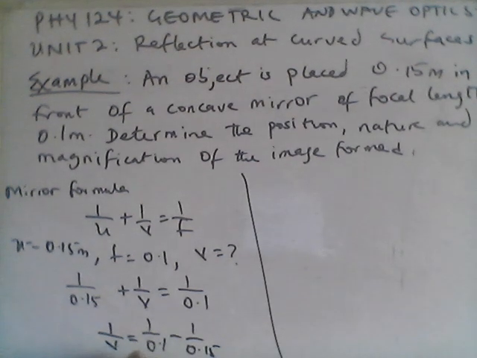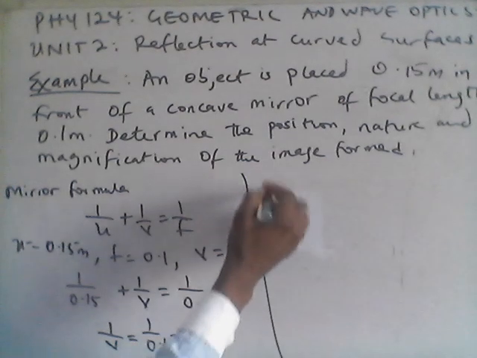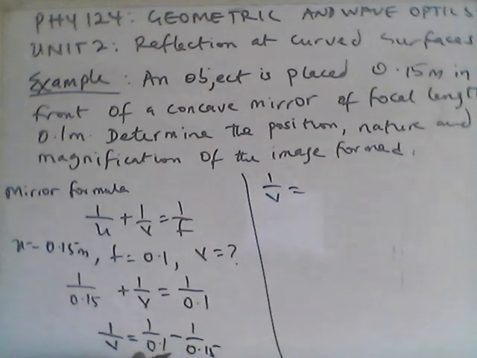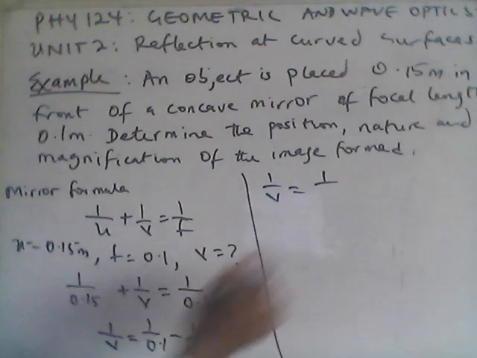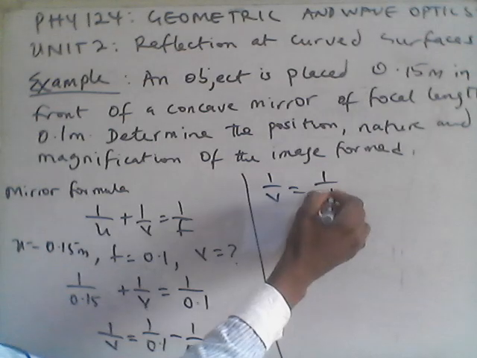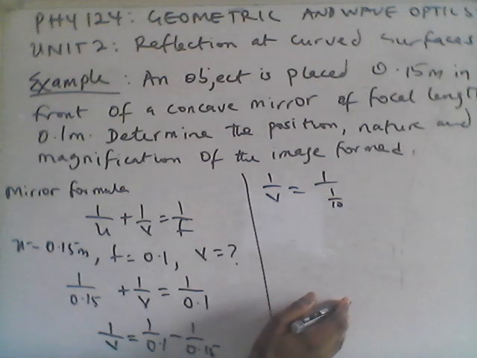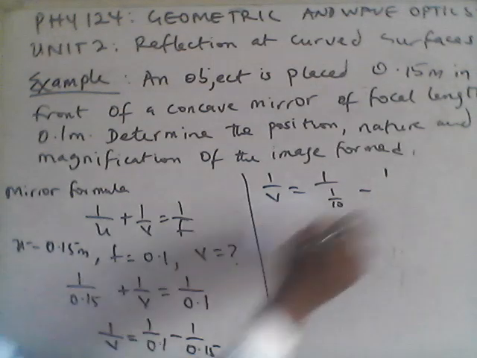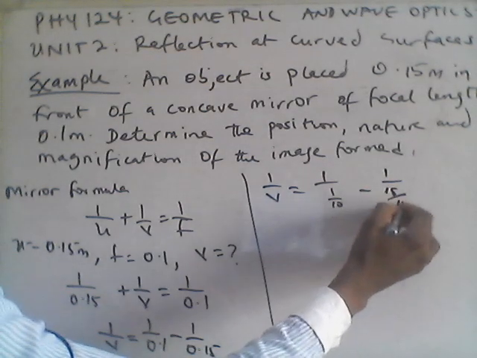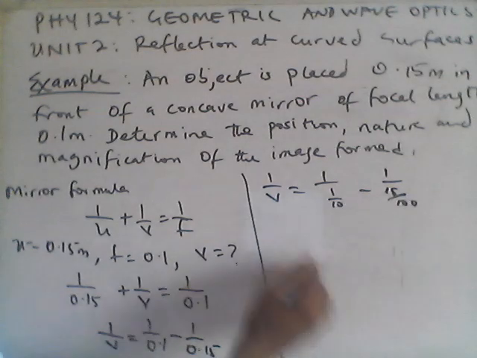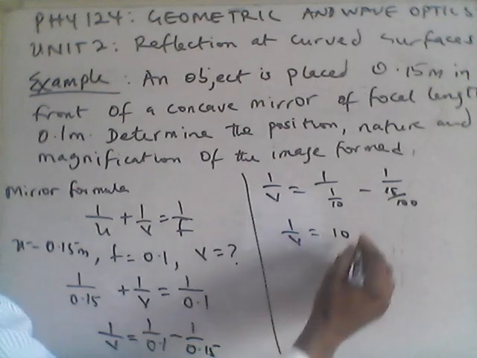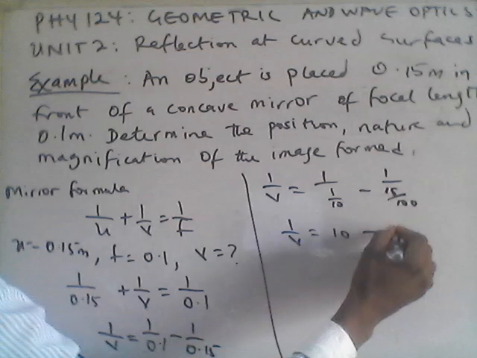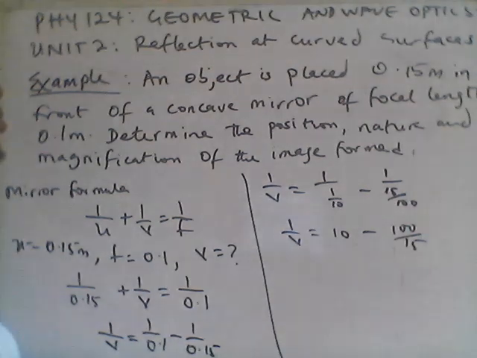This is a decimal that can turn to a fraction. 1 over 0.1 is the same thing as 10, and 0.15 is the same thing as 15 over 100, so 1 over 0.15 is 100 over 15. So 1 over V is 10 minus 100 over 15.